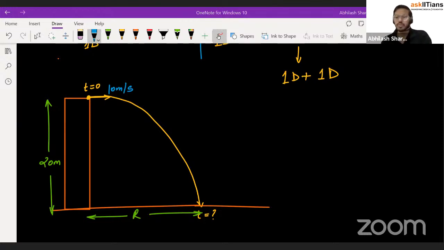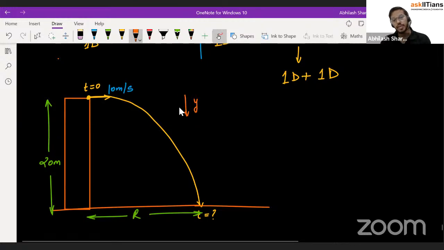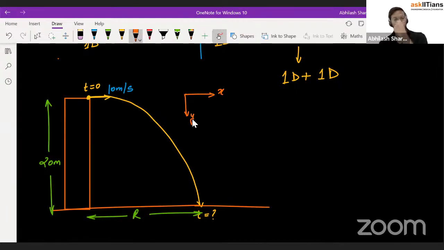Now, how do we approach such a problem? One thing is for sure, both motions are happening. Everybody agree with that? There is Y motion happening. The ball is going downward also, and the ball is traveling forward also. Both are happening simultaneously. So that's why it's a 2D motion now. It's not 1D anymore. So both dimensions have to be dealt with separately.